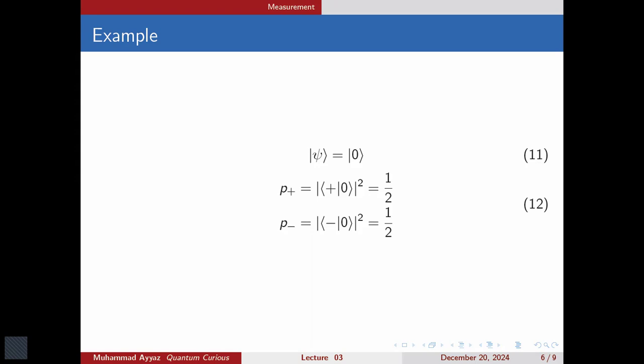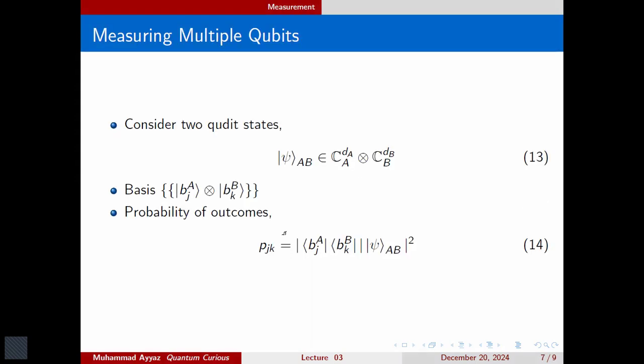Moving on to the concept of measuring multiple qubits. We have a composite state, the state AB, and it is an element of the product Hilbert space of the individual Hilbert spaces of system A and B. Our goal is to perform the measurement and then calculate the probabilities associated with the outcomes of that measurement.